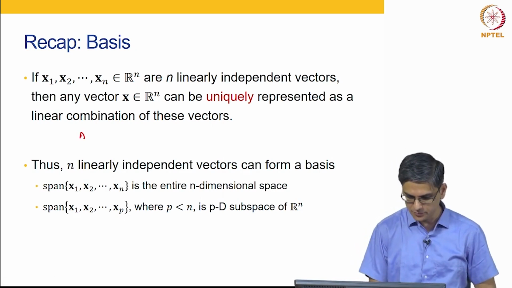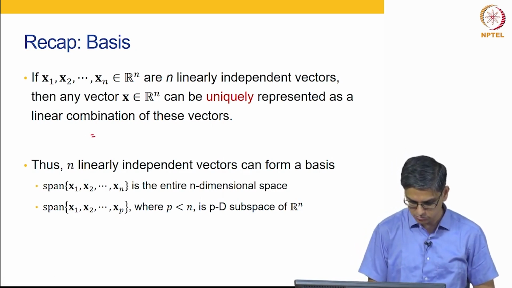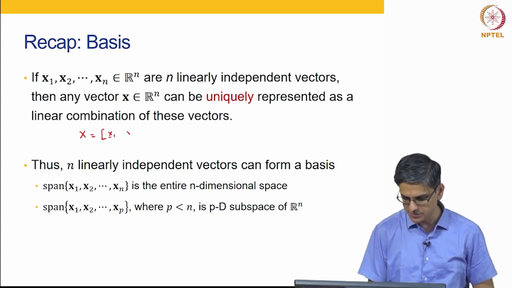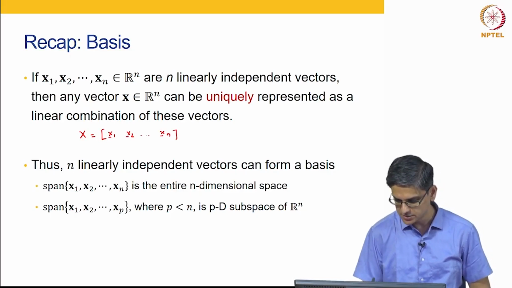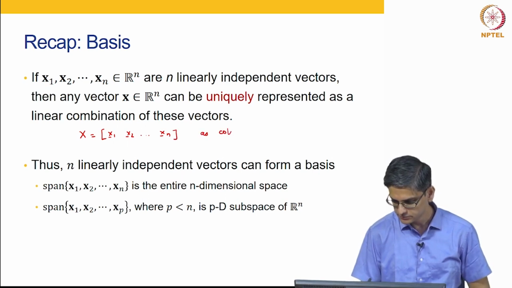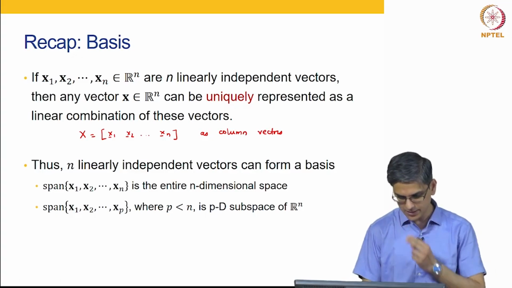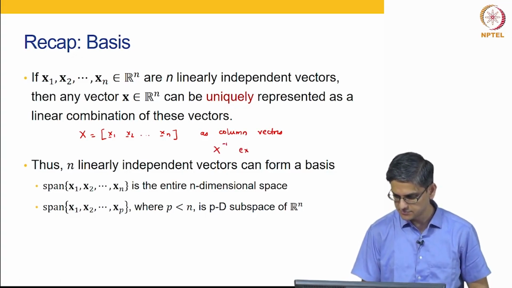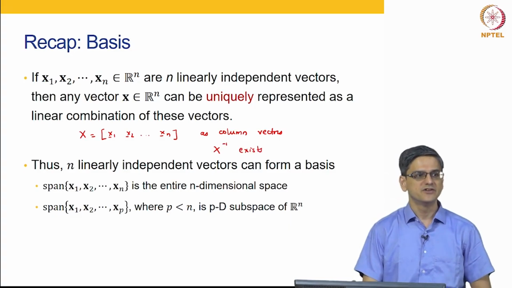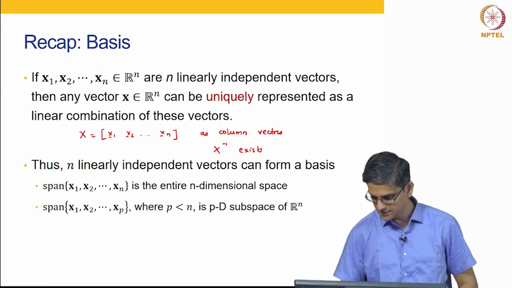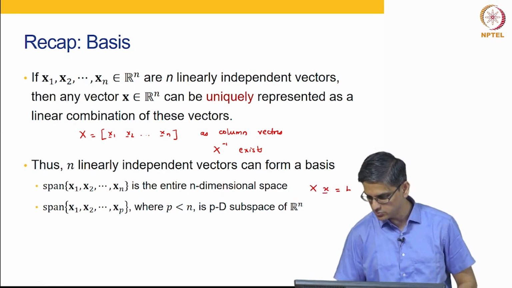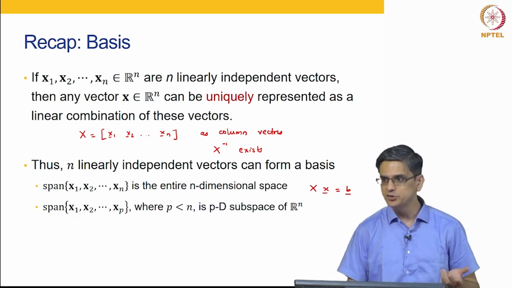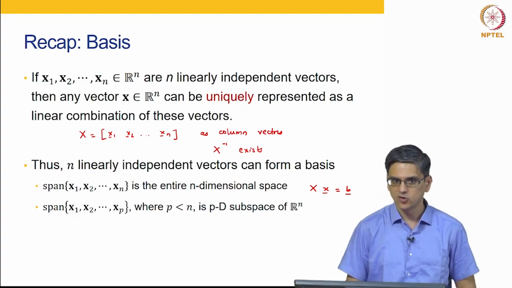Because if you make a matrix, let us say capital X, which contains x1 bar, x2 bar and so on up to xn bar as column vectors, okay, then X inverse exists. If X inverse exists, then X multiplied by x bar equal to B bar has a unique solution, okay.